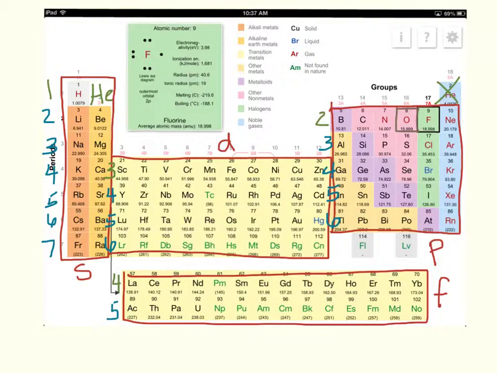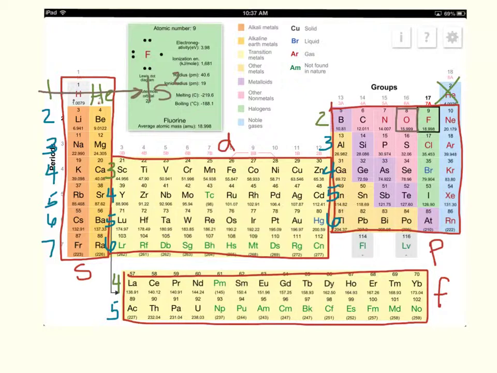And then each individual element is going to represent an electron. So I'm going to start at 1s, and I'm going to draw an arrow going from left to right. Since I went across row 1, that's energy level 1. I went across the S block, so that's sublevel S, and I went across 2 elements, so that's going to be 2 electrons.